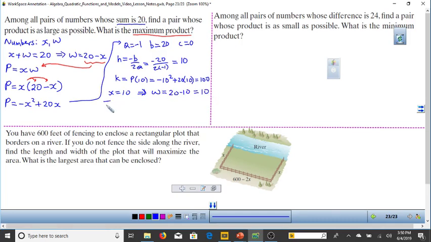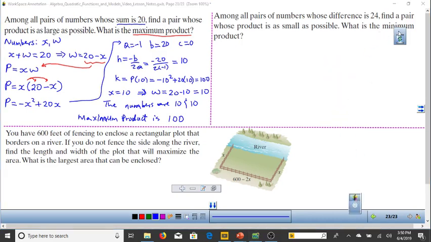So the two numbers are 10 and 10. And the maximum product is what you get when you multiply those, which is what our k was, 100. Take a little moment to go through that example carefully.